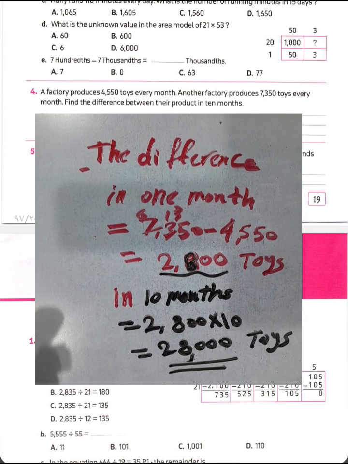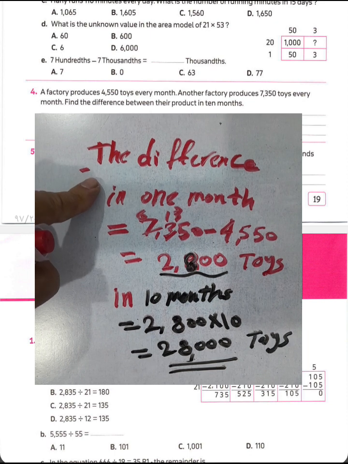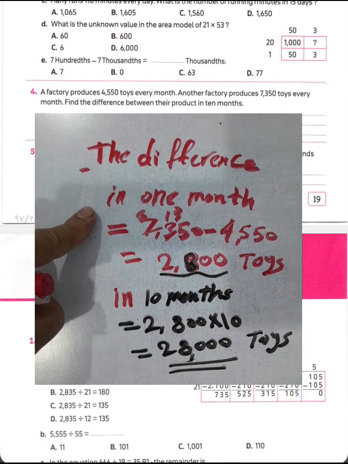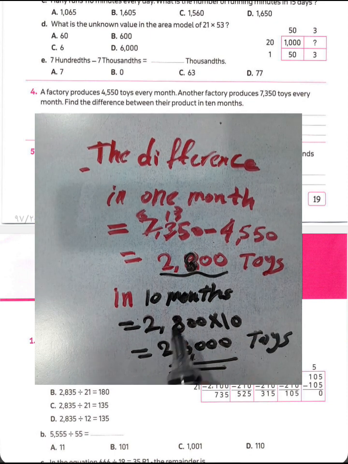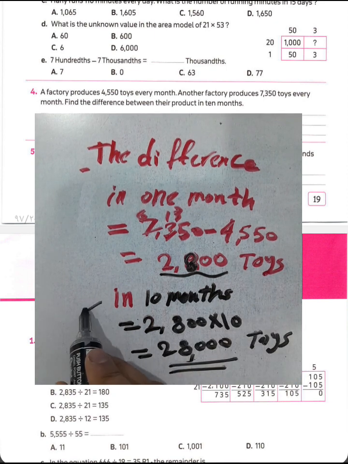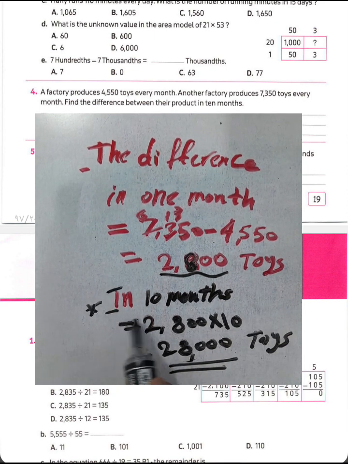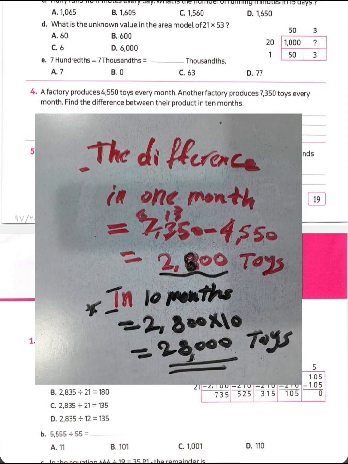First step, in this example, we find the difference in 1 month, subtracting the two numbers, and the result is 2,800 toys. The next step, in 10 months, we multiply 2,800 by 10. The result will be 28,000 toys in 10 months.